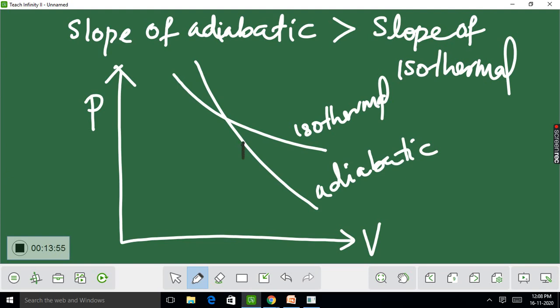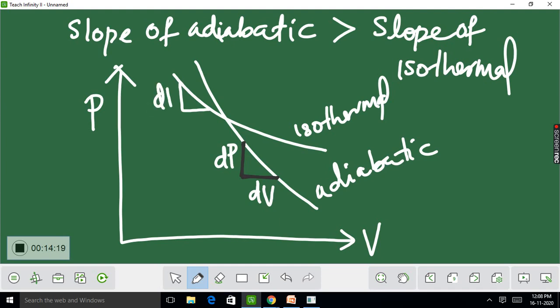The slope of the graph is found by taking a right angle triangle. Then this change is dV and this change is dP.